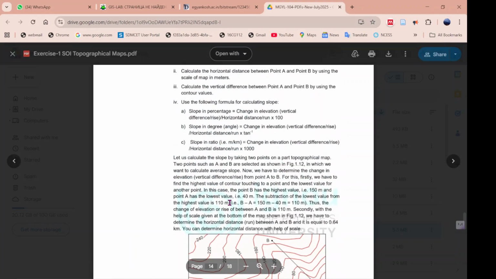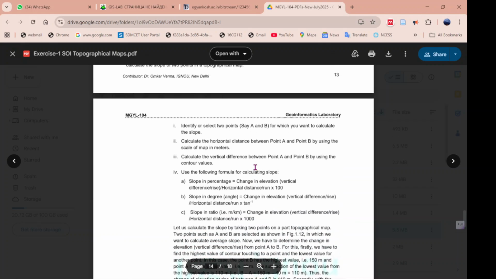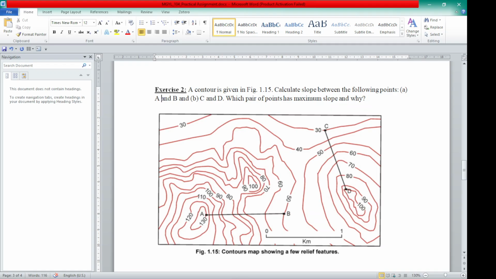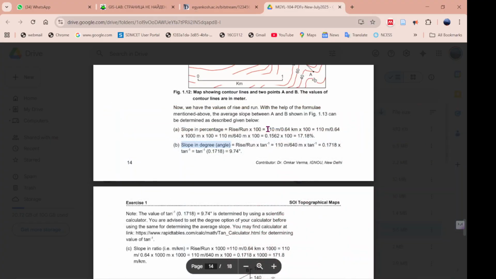This is the method to follow for percentage. And the other method is slope in degrees. So rise and run we know, multiply it with tan inverse. So let us do this. Slopes in degrees.